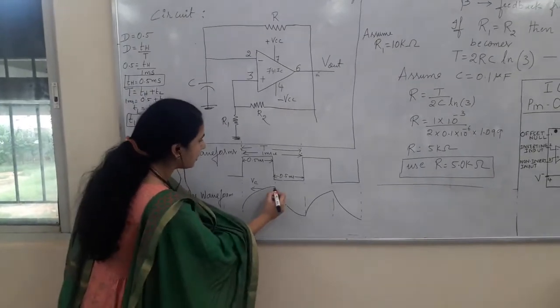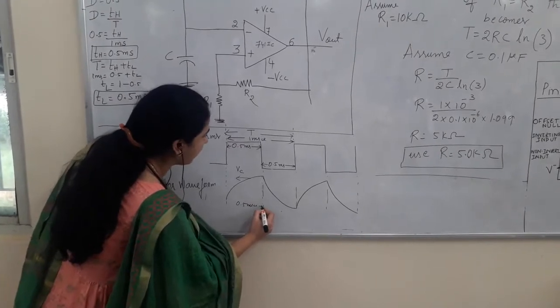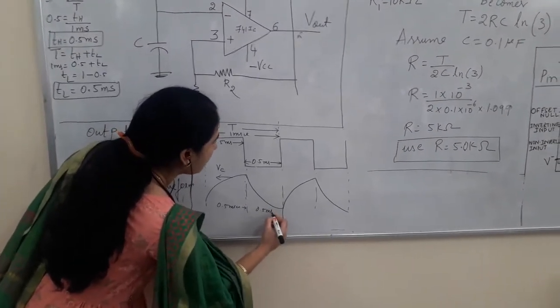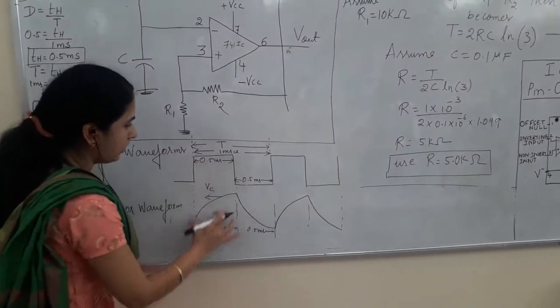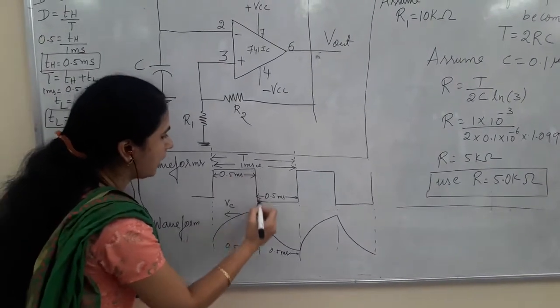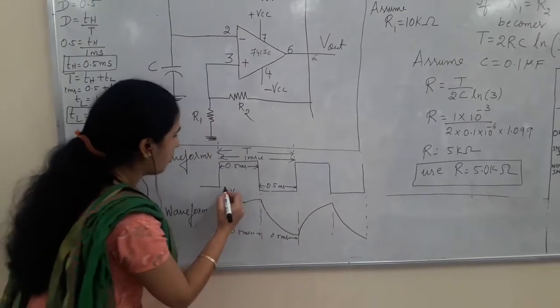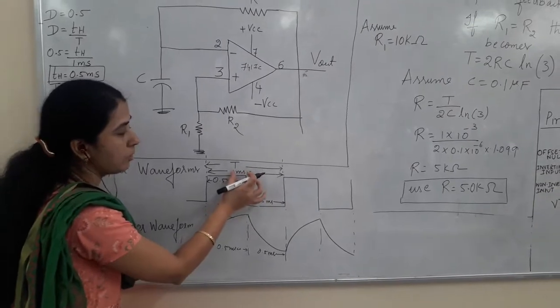Meaning, if the capacitor charges for 0.5 millisecond and discharges for 0.5 millisecond, then TH will be 0.5. That is, when the capacitor is charging, the output waveform will be high. When it is discharging, the output waveform will be low. So the overall period of oscillation will be 1 millisecond.